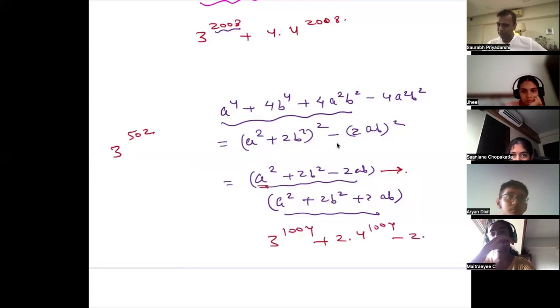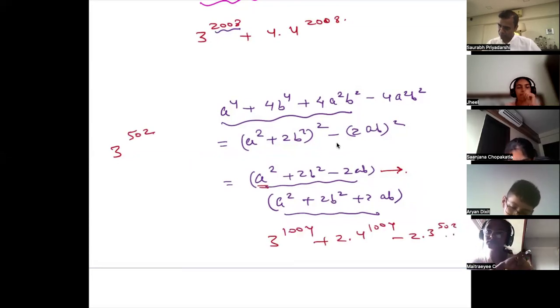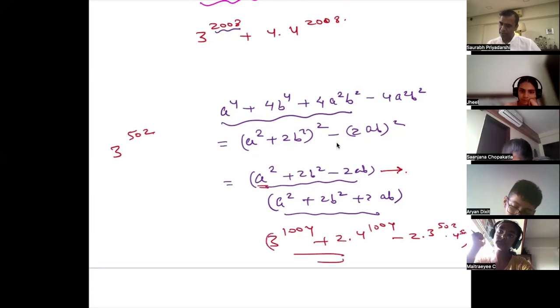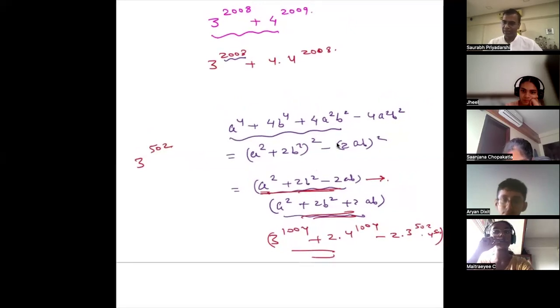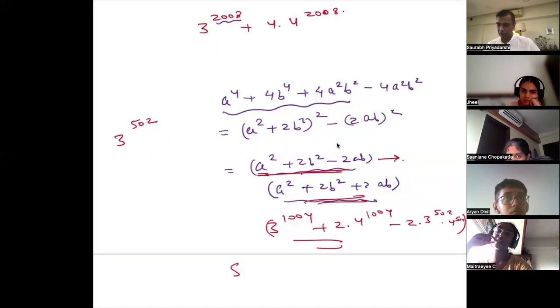No, this is not coming as 1. So we can say these two are the product of two integers and none of the numbers is 1. So this must be composite.